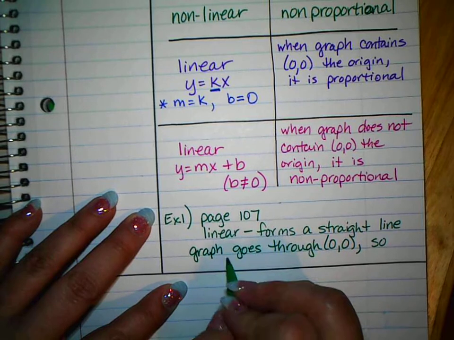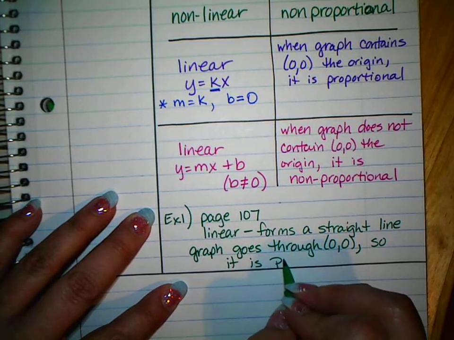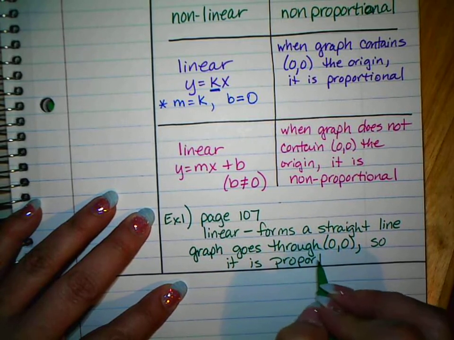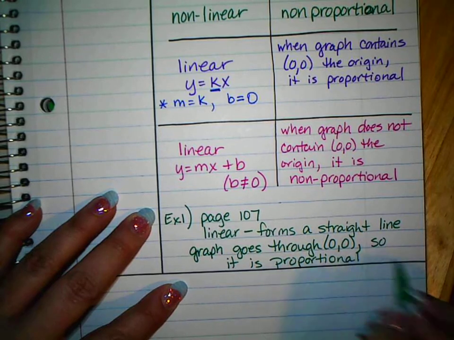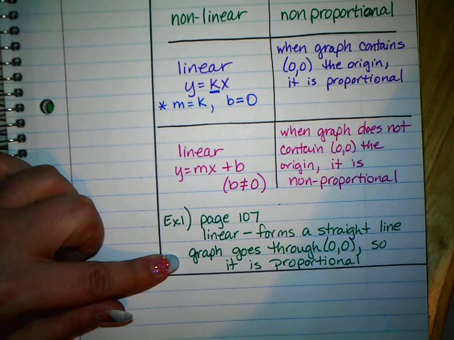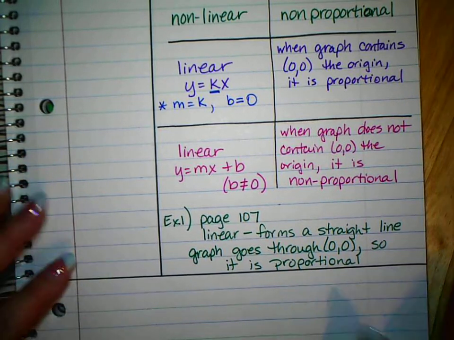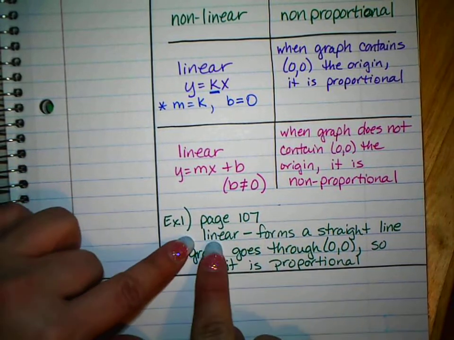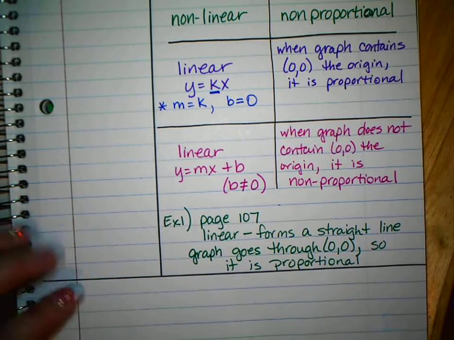So it is proportional. If you write this down, then you've got a few extra notes besides what's in the book to help you remember why we said it's linear and it's proportional.